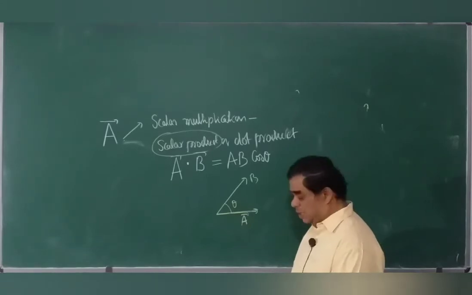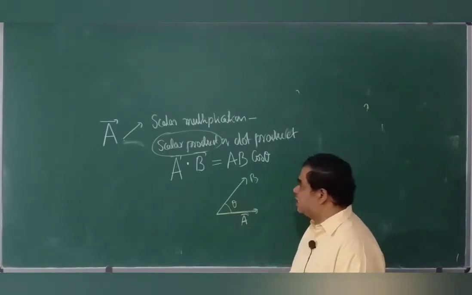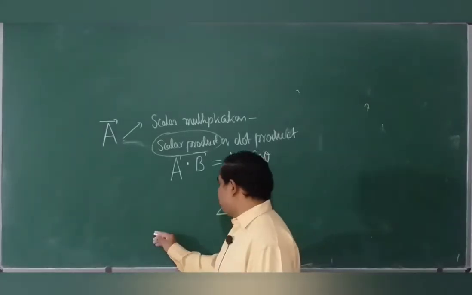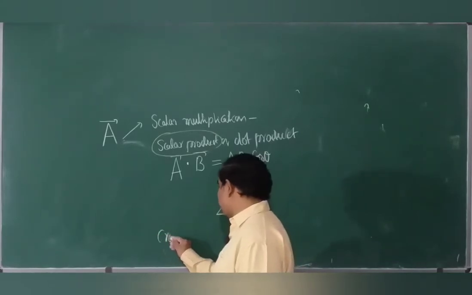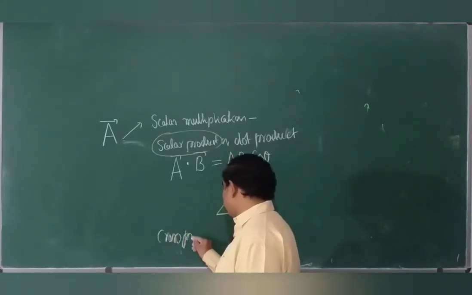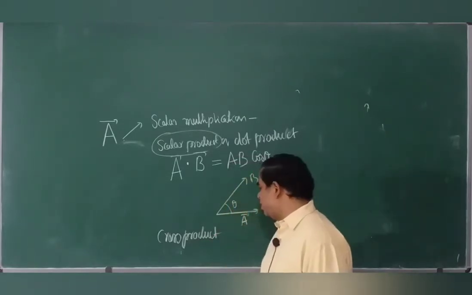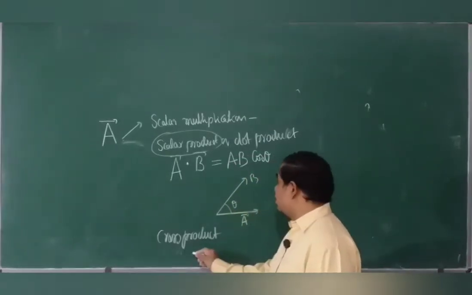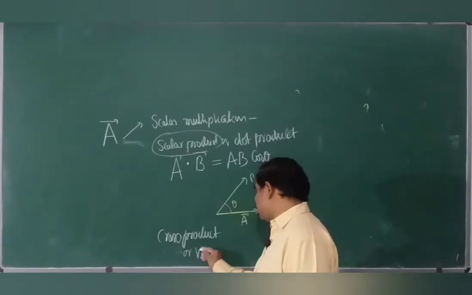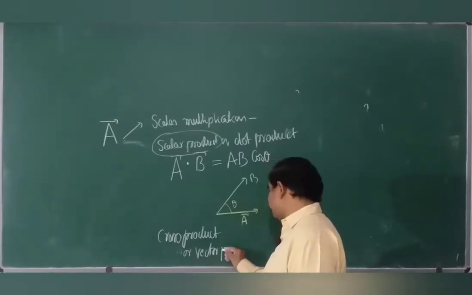And then another type of product what we learn in the next chapter is what we call as cross product. I just mentioned it. We learn in detail about this in the next session, in the next chapter. Cross product, or another name for this is vector product.